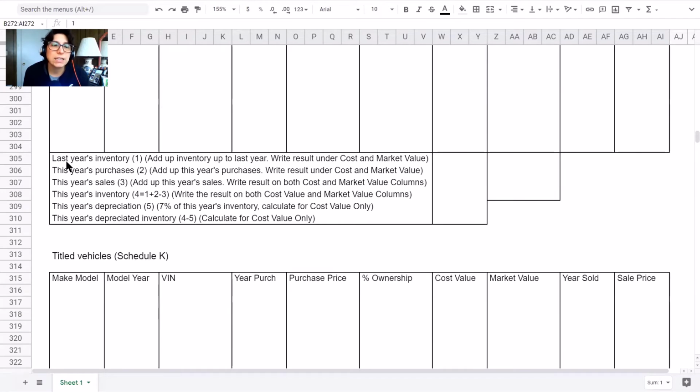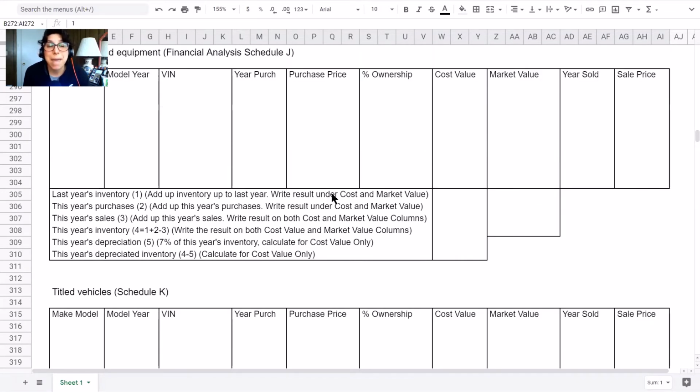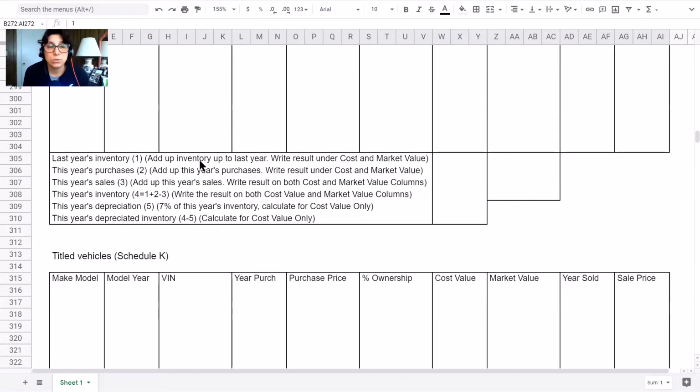Oh, and here, it just gives you space to do some math. So last year's inventory, add up everything you had before this year. Just write your result here and here. This year's purchases, again, here and here, you write down how much you spent on machinery and equipment.